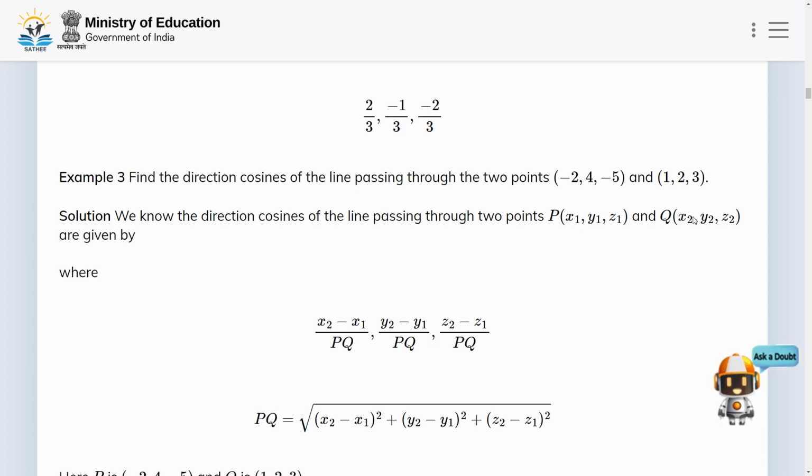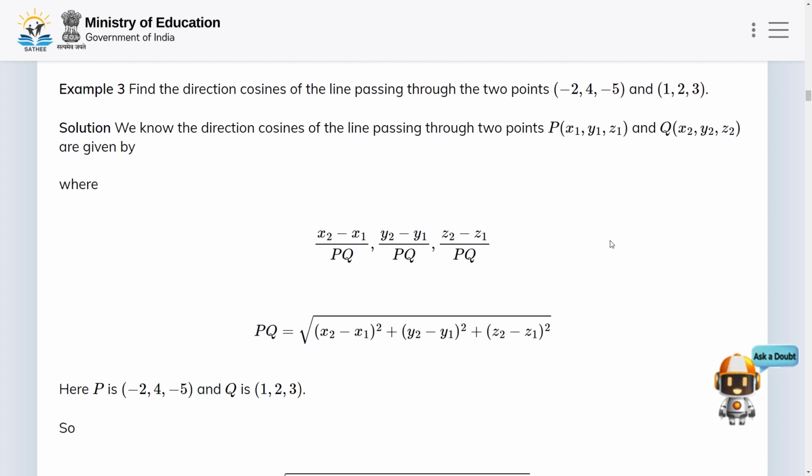If you have P and Q points, line passing through these 2 points, then you will have x2 minus x1 divided by PQ, y2 minus y1 divided by PQ, z2 minus z1 divided by PQ. PQ represents the distance, which is root of (x2 minus x1) whole square plus (y2 minus y1) whole square plus (z2 minus z1) whole square.